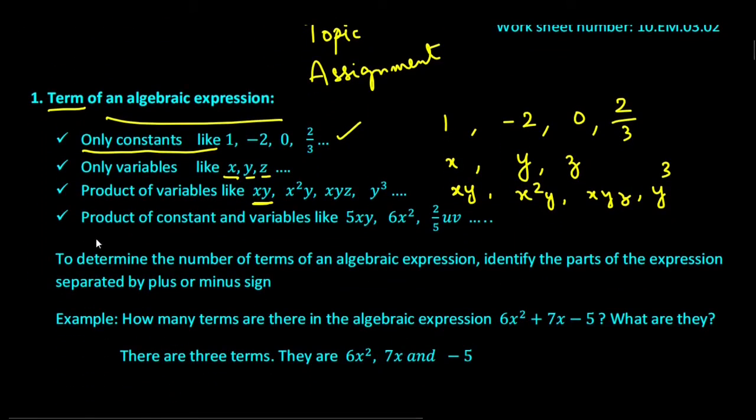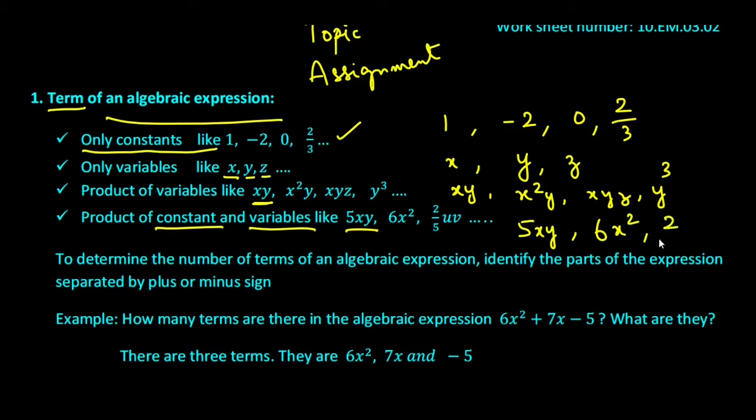A term can be a product of a constant and a number of variables. For example, pi xy. Here pi is a constant, x and y are variables. Pi xy is a term. 6x square is a term. 2 by 5 uv is a term.